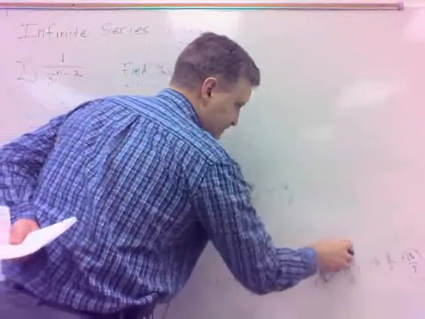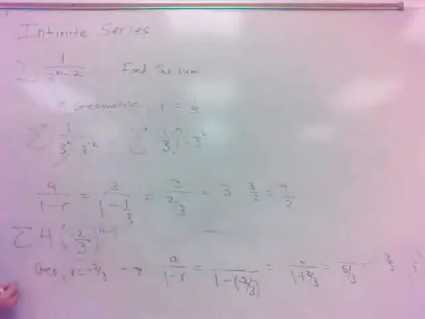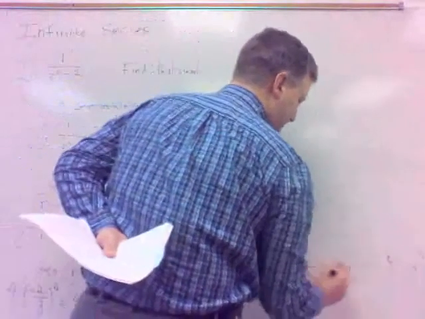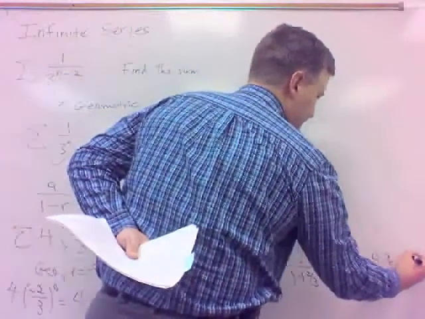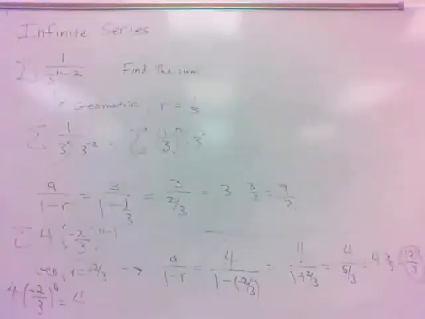Sorry. Because I started at 0, didn't I? 1 minus 1 gives you 0. So 4 is the first term. 12/5. That's what I have in my notes, so I won't have to fix those. Fix it on the board.